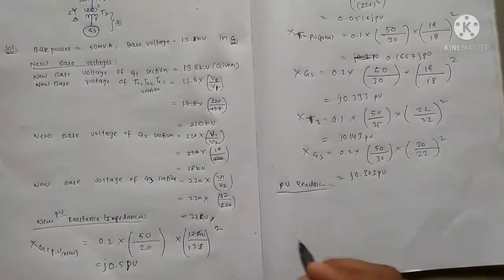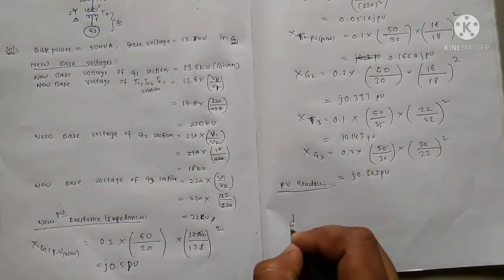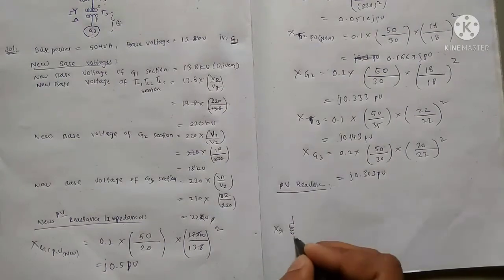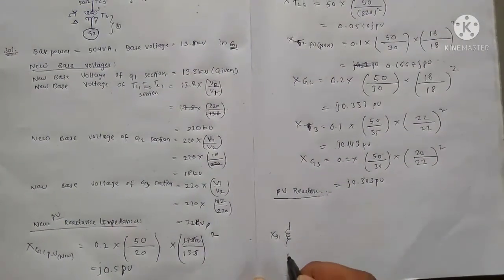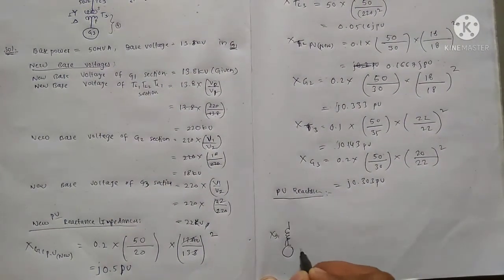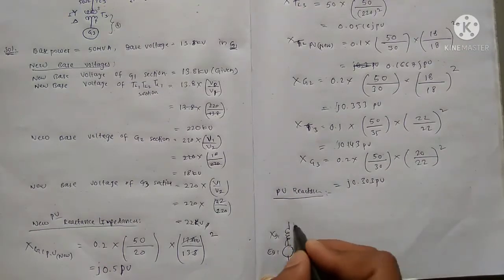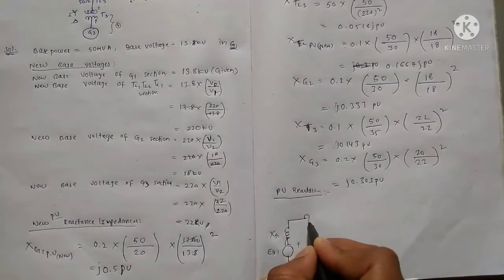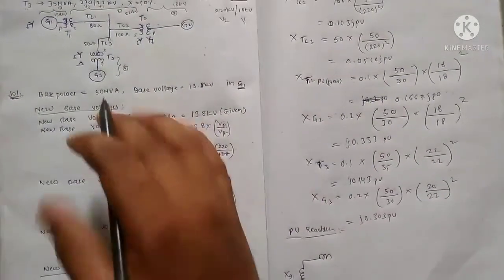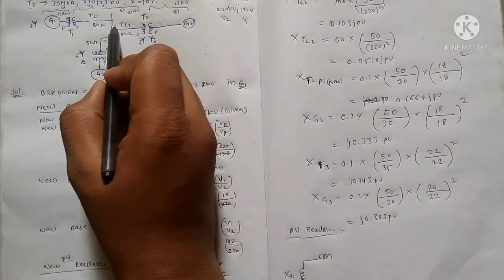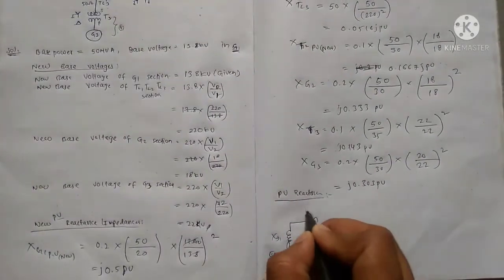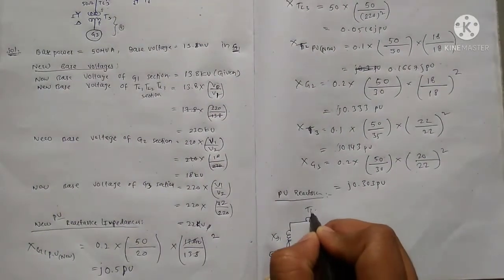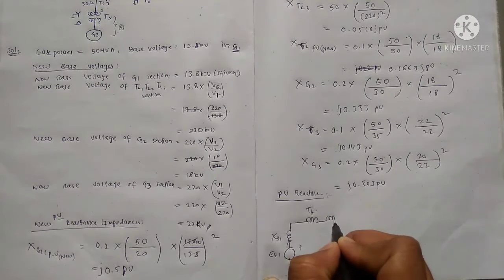First write generator G1, XG1 connected with a voltage source of EG1, and then this is connected to transmission line and connected to this bus bar. This is T1 transformer and TL1 transmission line 1.